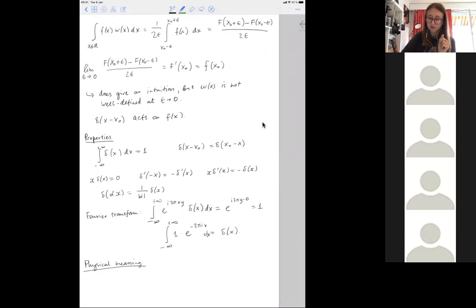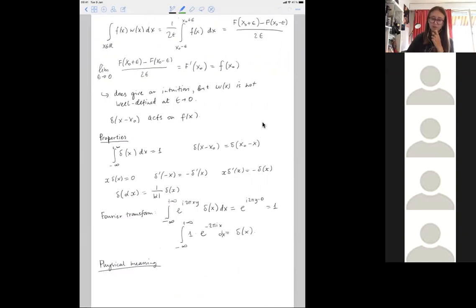For example, if you don't do 2 pi here, then you have to do 1 over square root of 2 pi here. And then you would end up not with the 1, but 1 over square root of 2 pi. And the same would be with the inverse here. Does it make sense?